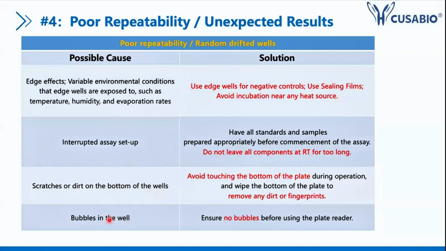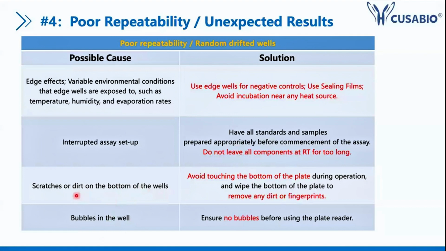The last two I mentioned in this slide are about the transmission. After the color development, we move our plate into the spectrophotometer. For the plate reader, the light usually comes from the bottom of the wells.